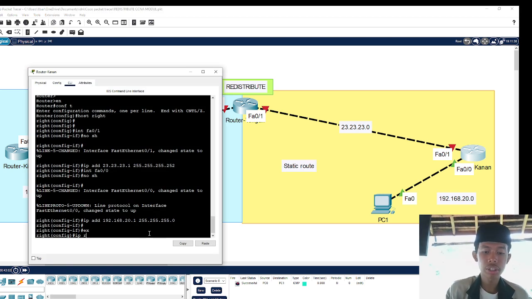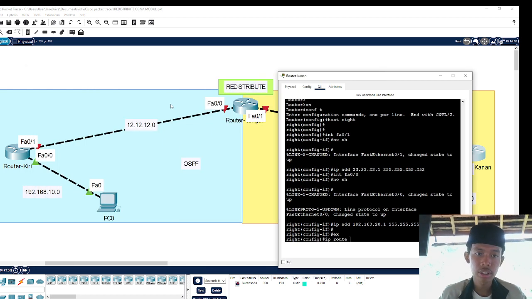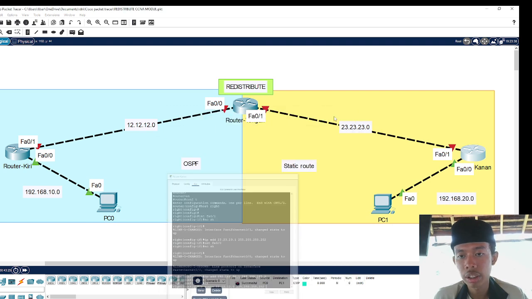This is the configuration: ip route, and the destination is 12.12.12.0, and the subnet mask is 255.255.255.252. Then give the gateway. So what is a gateway?